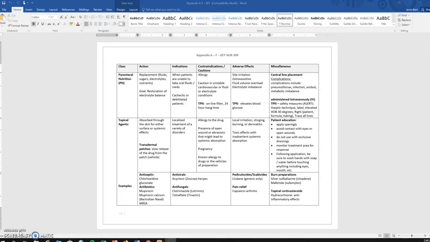When considered with the central line placement, because most of these nutrients are delivered through a central line, there are complications with line placement, including puncturing a lung and creating a pneumothorax, the risk of infection, particularly at the site, emboli, and again the metabolic imbalance that may occur with fluid overload or an over or under administration of particular electrolytes.